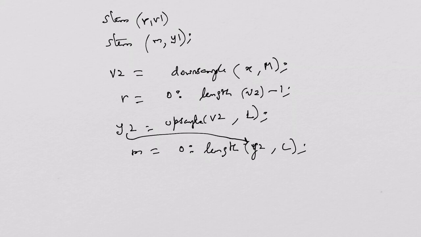So let me plot the length of the signal up to that one, v2 comma l. Okay, m is ready, y2 is ready, n comma x is ready. So let's plot.